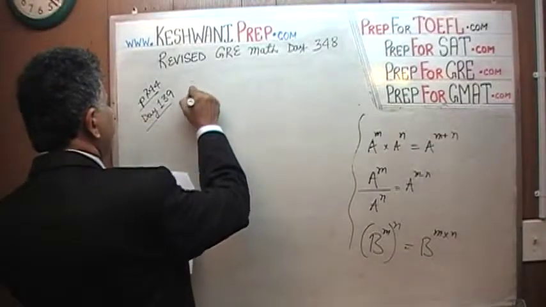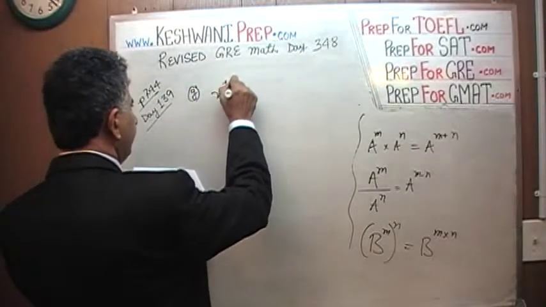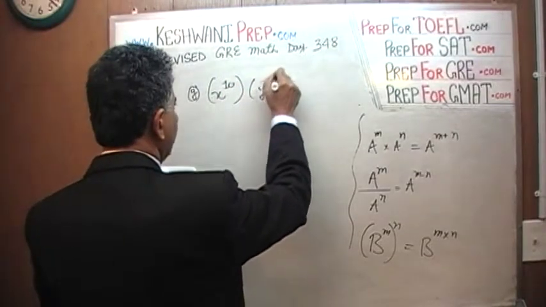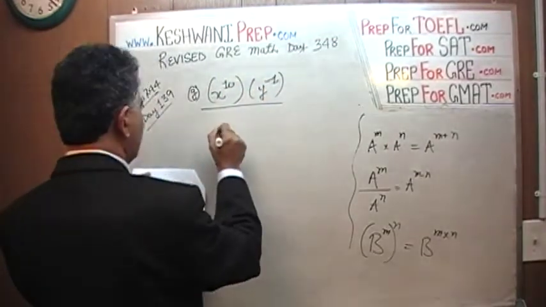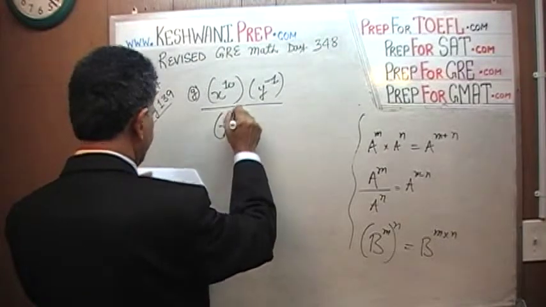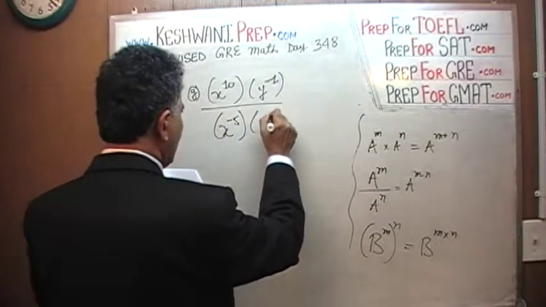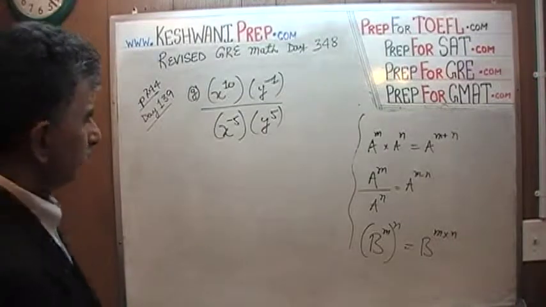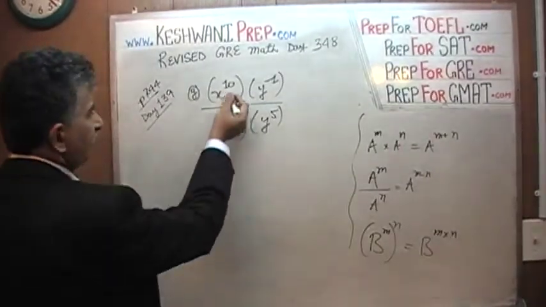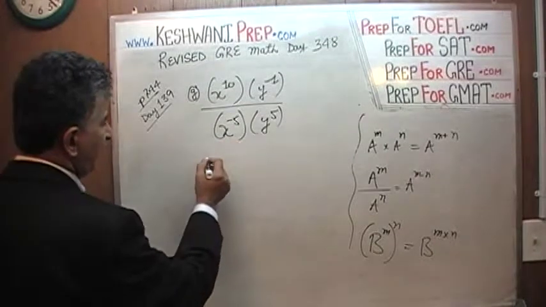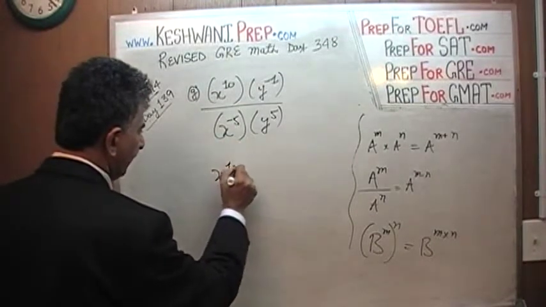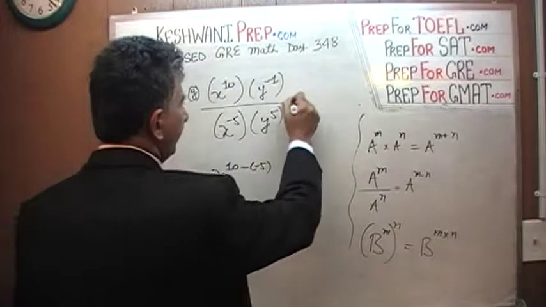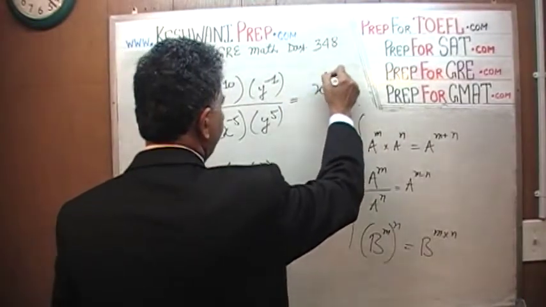In g we have x raised to 10 times y raised to negative 1 over x raised to 5 times y raised to 5. And we have to do the same thing that we did before. So x raised to 10 divided by x raised to 5 is the same as x raised to 10 minus negative 5.